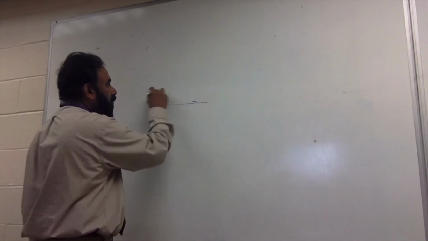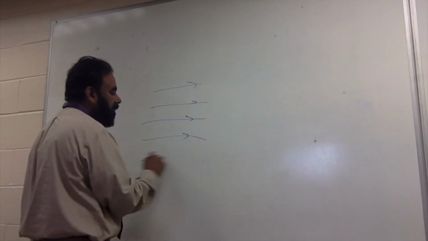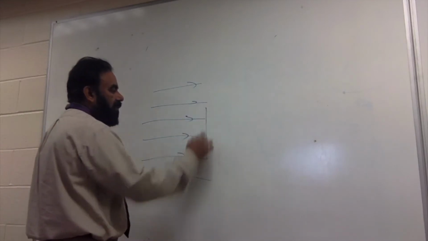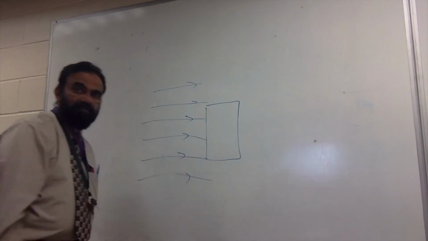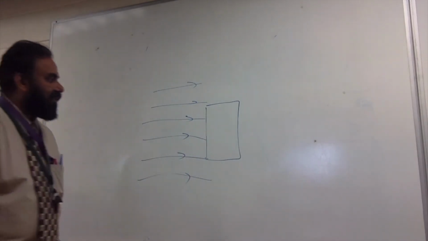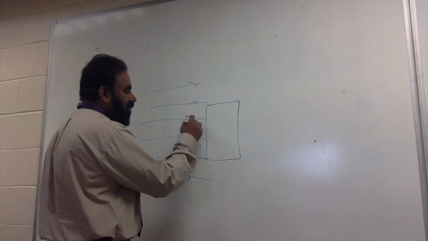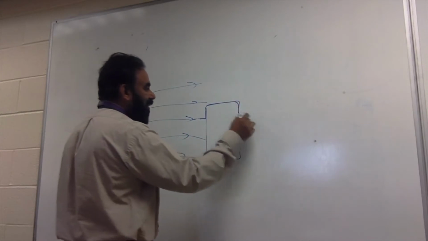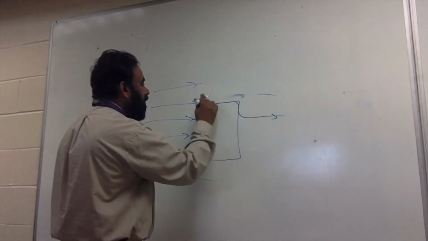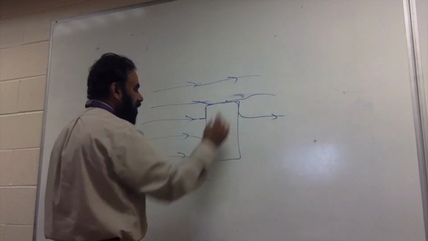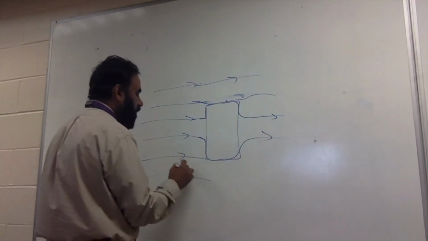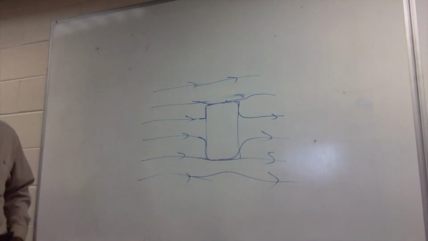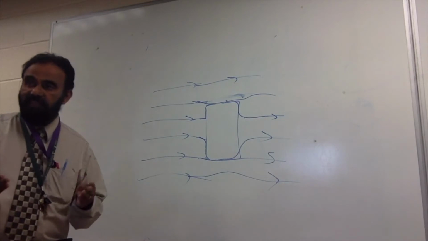If you have an electric field going like that, and if you put a metal box, what will happen to these electric field lines? As soon as it touches the metal box, the field lines will actually get diverted. So this metal box is going to bypass the field lines.